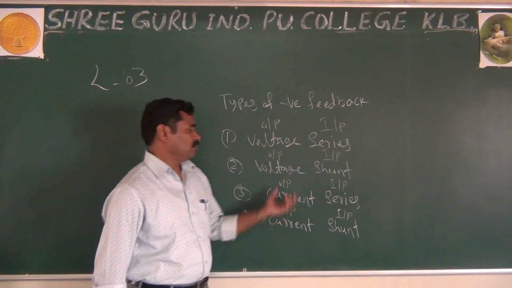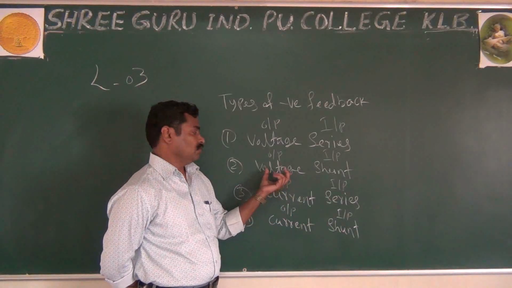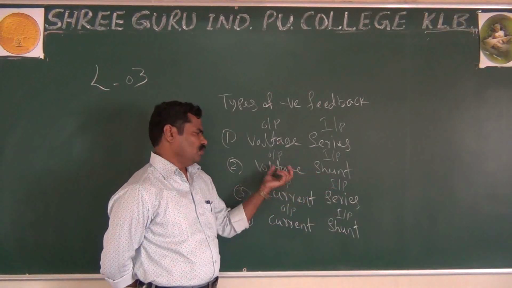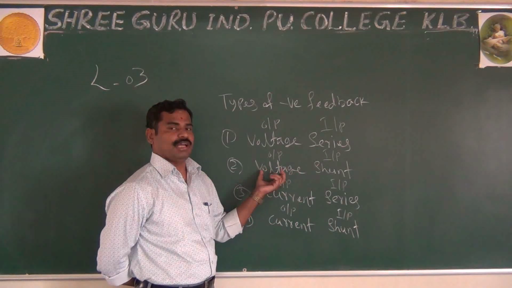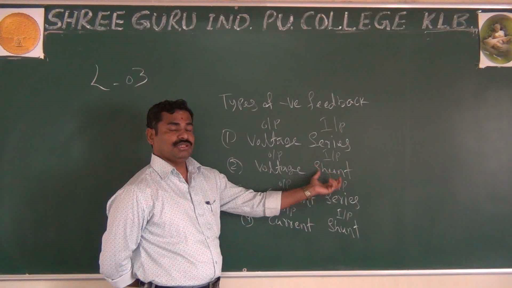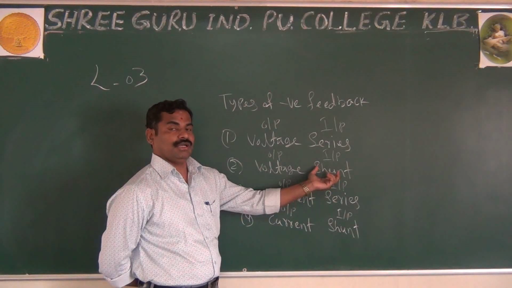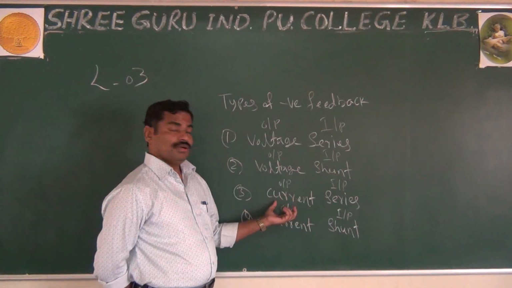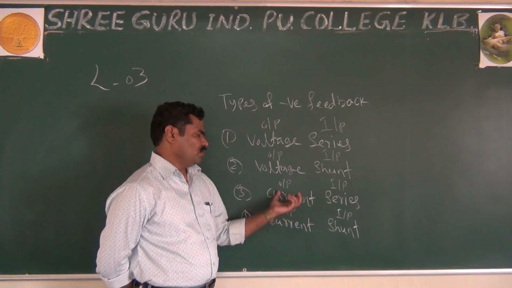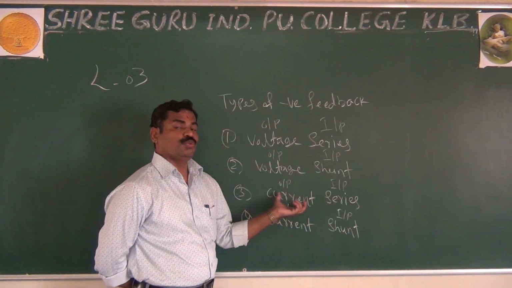Similarly, for the second one, voltage shunt: the voltage is the same, measured in parallel, but in shunt you are adding or subtracting the currents in parallel. And about current series, once again the current is on the output side.